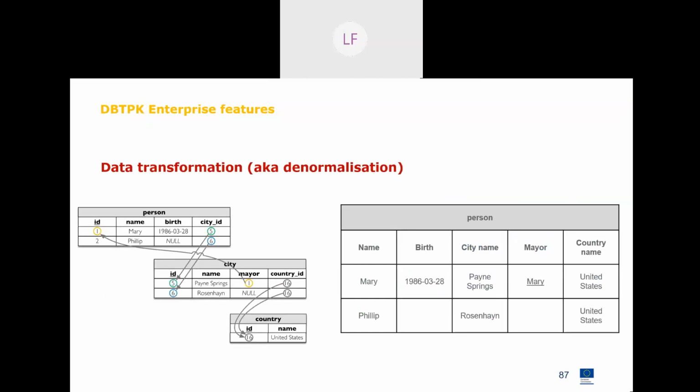The transformation, or denormalization, is when there is information that is spread out through different tables, and this is used many times in a relational database, as it is a mechanism for software development. But then it makes no sense to present this directly to the users.